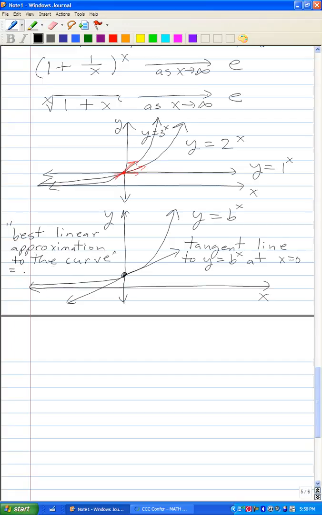It's the line that touches the curve at that one point.